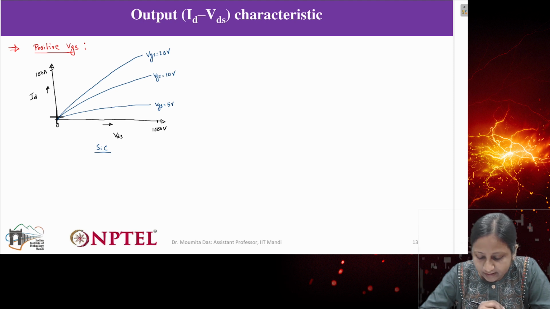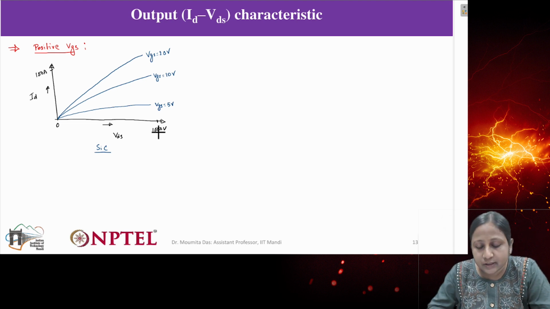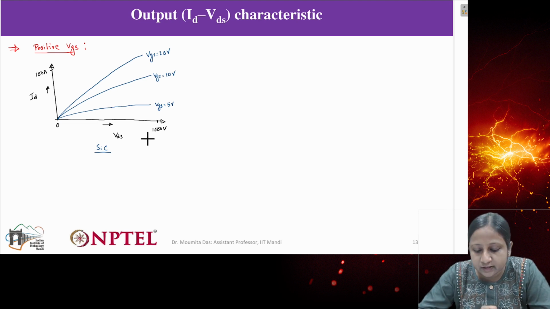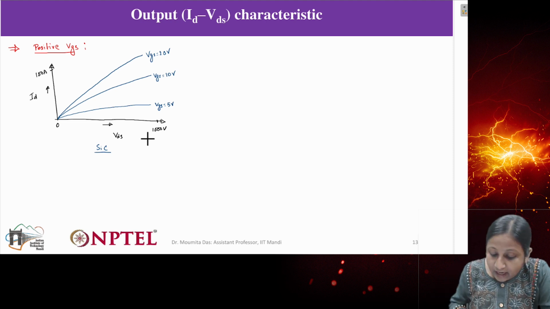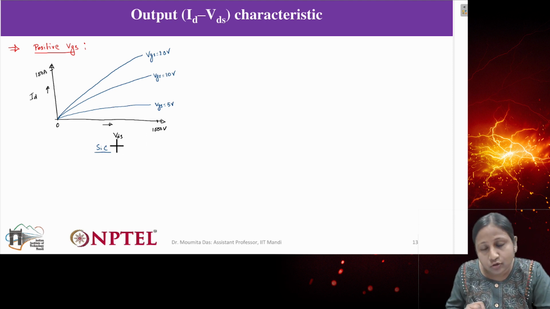So you can see here, for any particular VGS, if we keep it either 5 volts or 10 volts, then as the drain to source voltage is increasing, how the current curve looks, we can plot in this. In this case, a very important thing is that the junction temperature is constant.